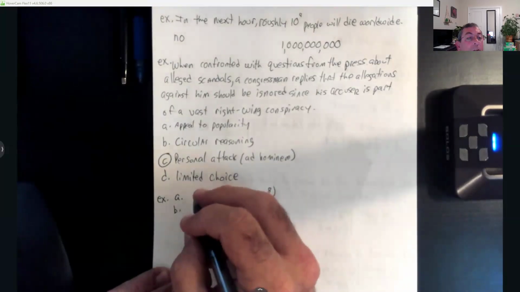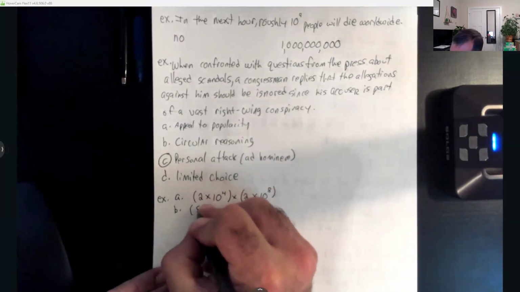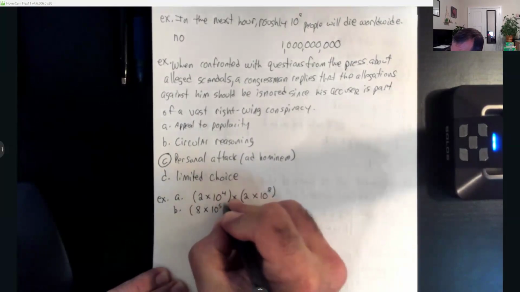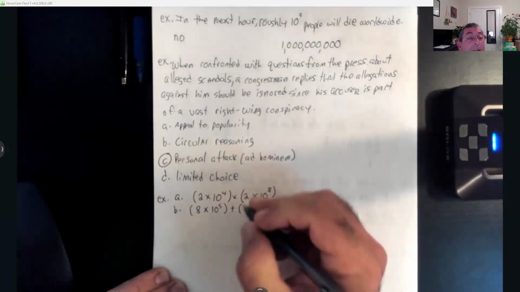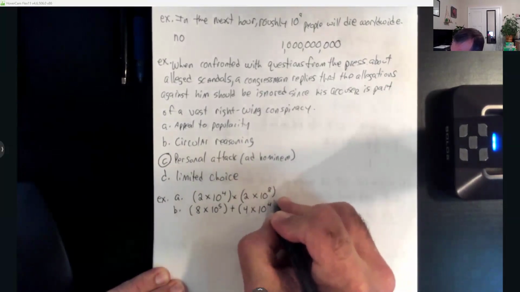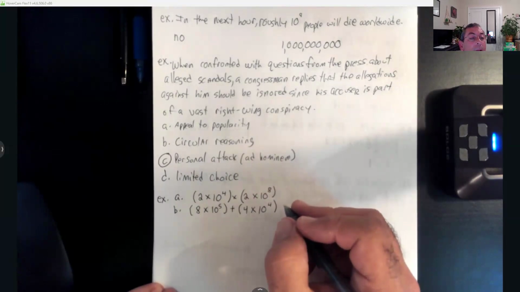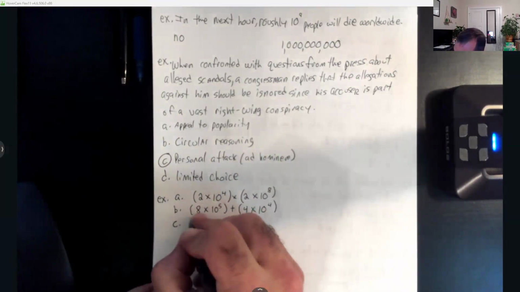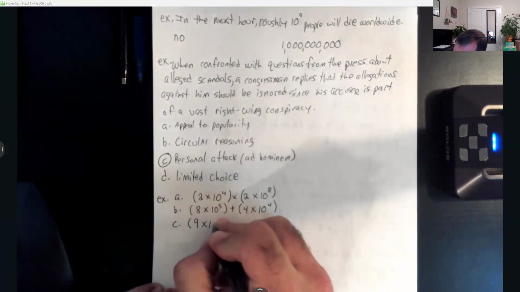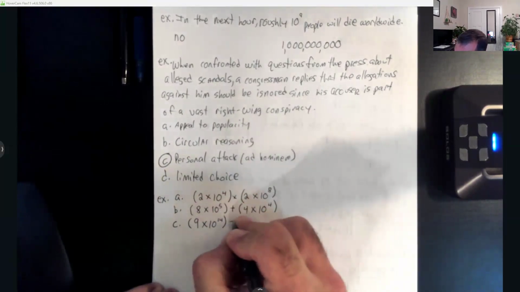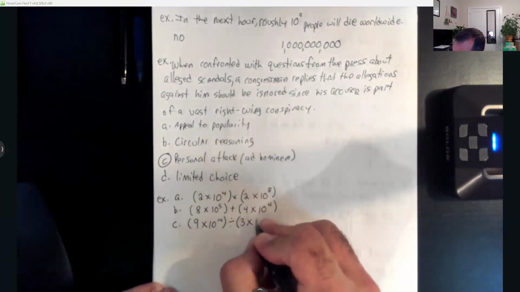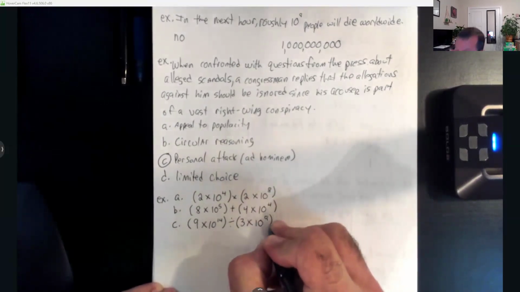B, they want us to do 8 times 10 to the 5th plus 4 times 10 to the 4th. And then C, they want us to do 9 times 10 to the 14th divided by 3 times 10 to the 9th.